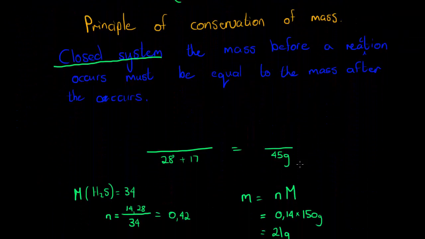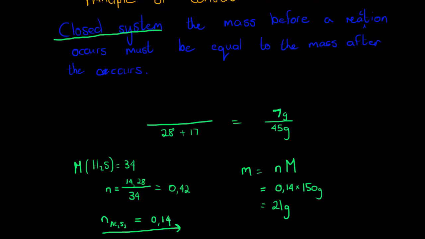So of all the reactants, or all of the mass, 7 grams of that mass is still dialuminium trisulfide, which means it is the impurity in the product. It's still reactants, that's why it's impurity.